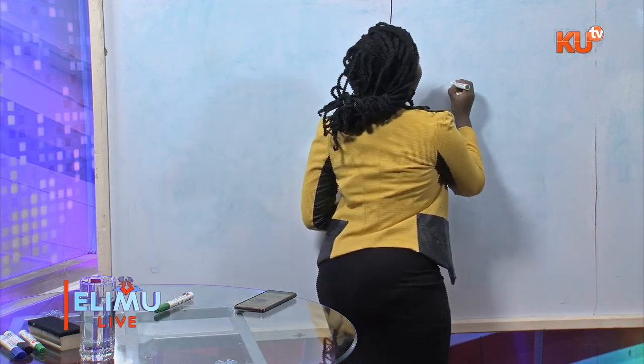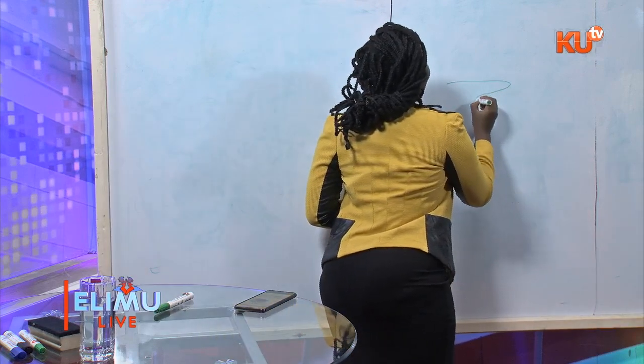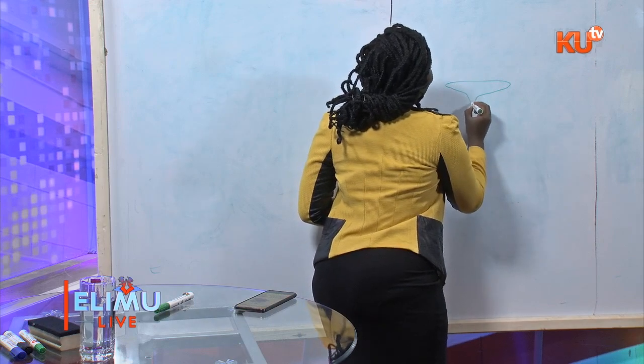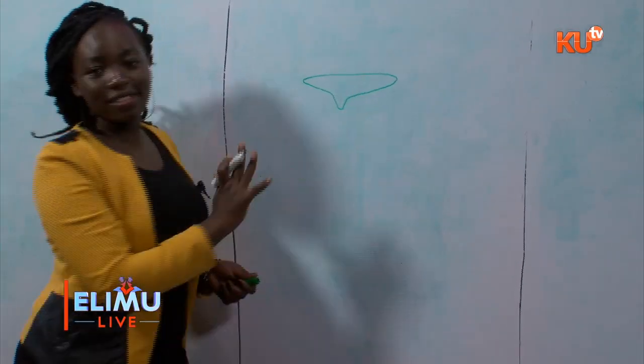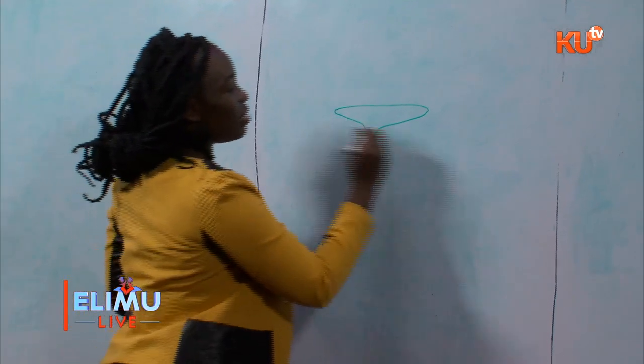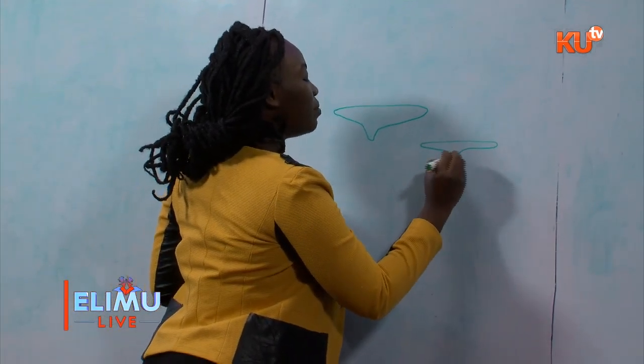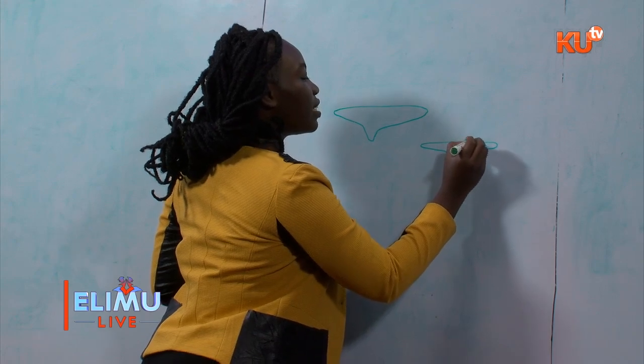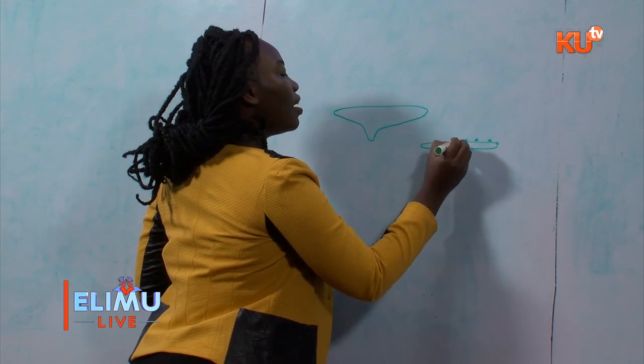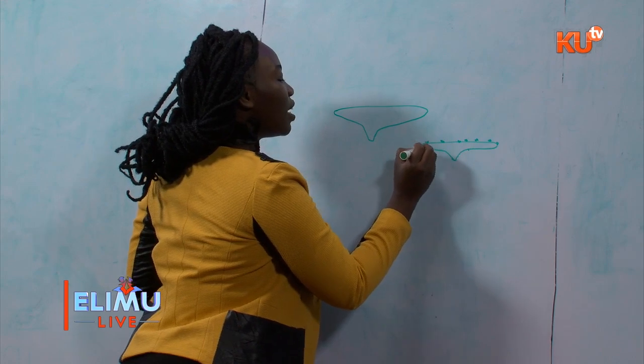Just to clarify what I've said about the endoplasmic reticulum, it looks like this. I'm not so good at drawing. This is the smooth endoplasmic reticulum, and this is the rough endoplasmic reticulum. The rough endoplasmic reticulum has ribosomes.